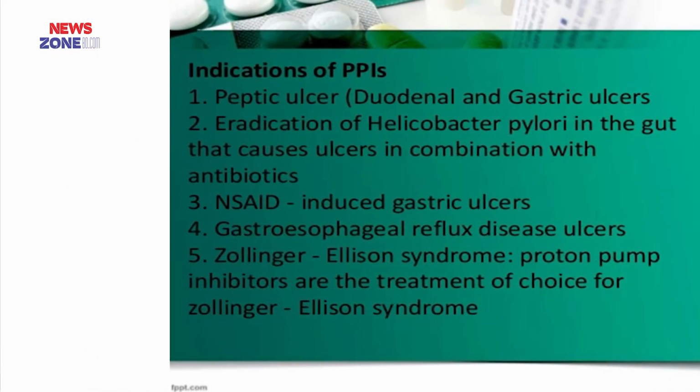Indications of proton pump inhibitors: peptic ulcer, eradication of Helicobacter pylori together with two antibiotics, NSAID-induced peptic ulcer, gastroesophageal reflux disease, Zollinger-Ellison syndrome.